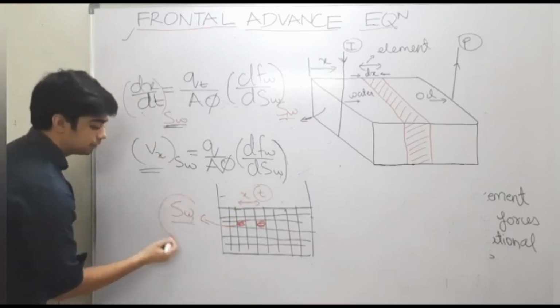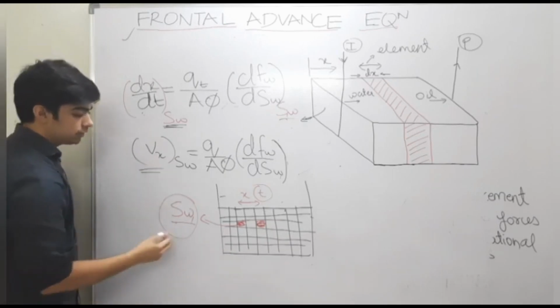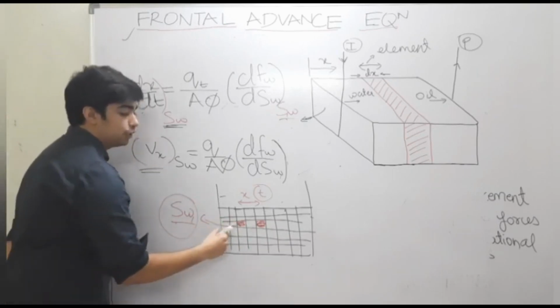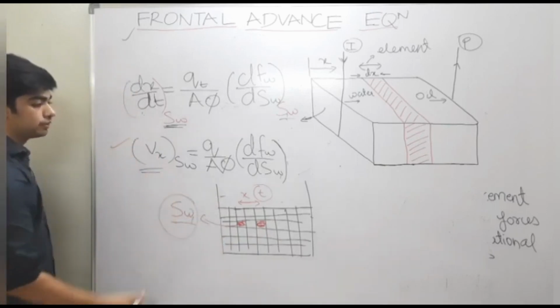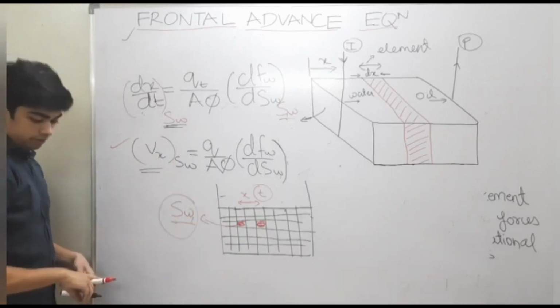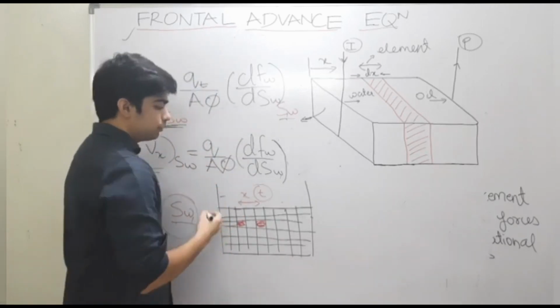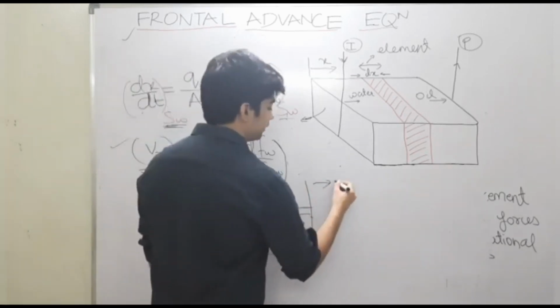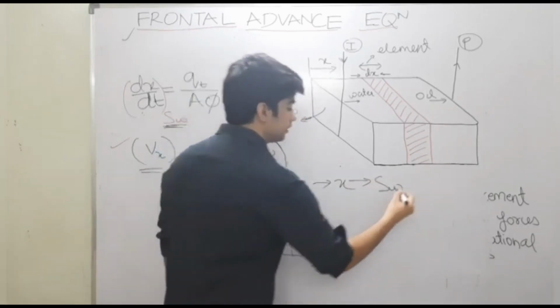Therefore this specific saturation value will have some velocity. So this movement of saturation from one point to another point of the same reservoir is defined by this equation. And not just the velocity, but we are ultimately obtaining the position of any saturation at time t.